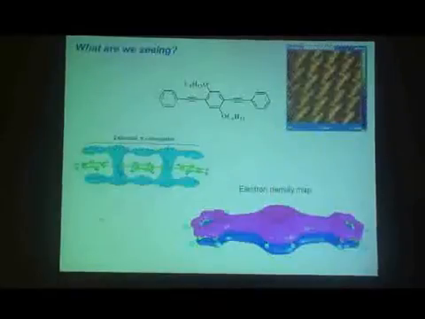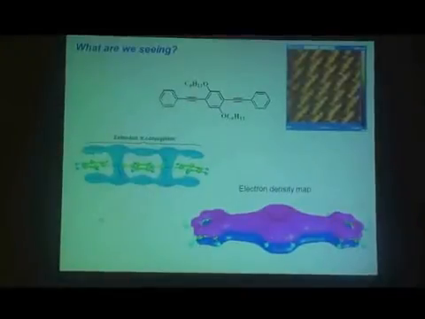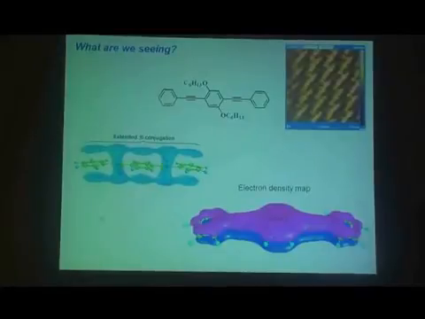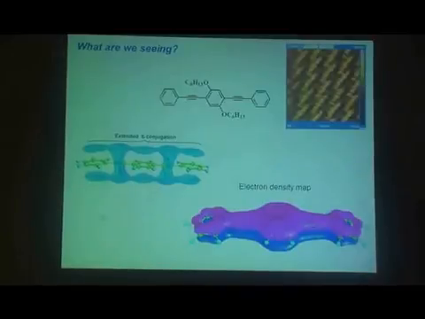If you consider this molecule, I told you this is 3 benzene rings connected with a triple bond. If you do a molecular orbital calculation and map the electron density, you can see that the electron density is maximum along this direction, and this is the alkyl chain, which does not have any electron density and is not conducting either. So these bright spots correspond to the central phenylene ethynylene core units.